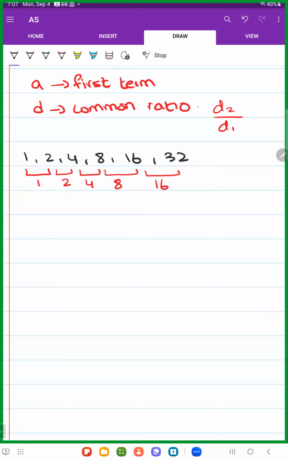We don't write D, we write R. So R is equal to D2 upon D1, which is D3 minus D2 upon D2 minus D1.